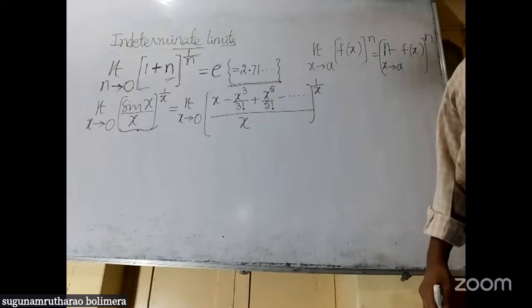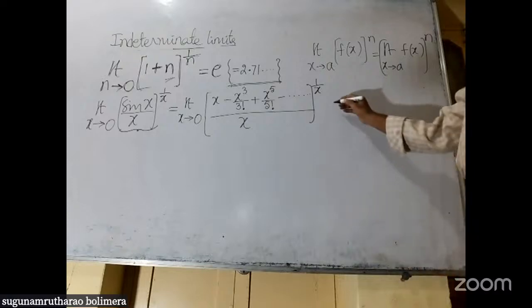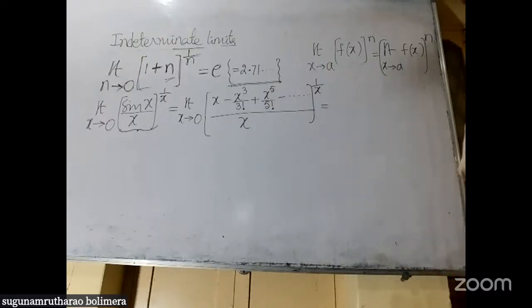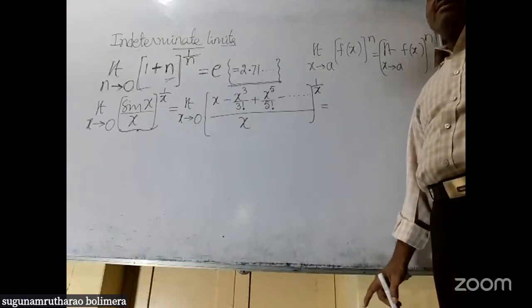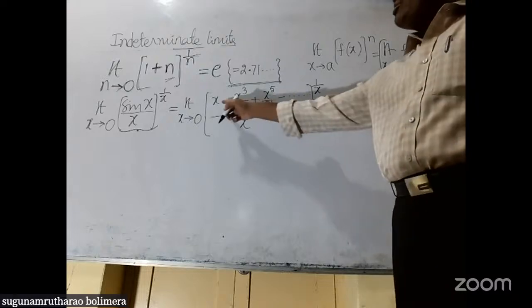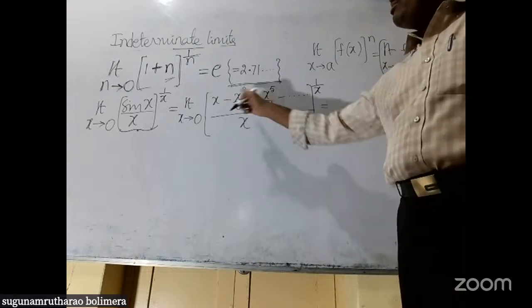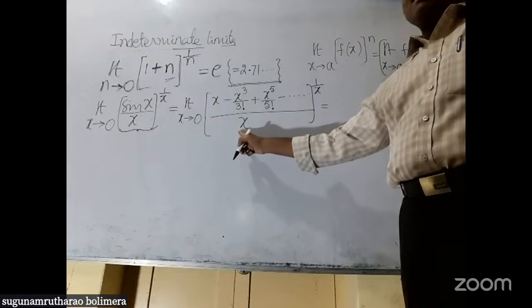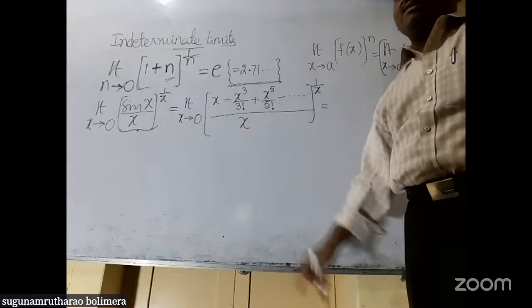So what I am doing here is taking x common in the numerator and cancelling it with the denominator x.